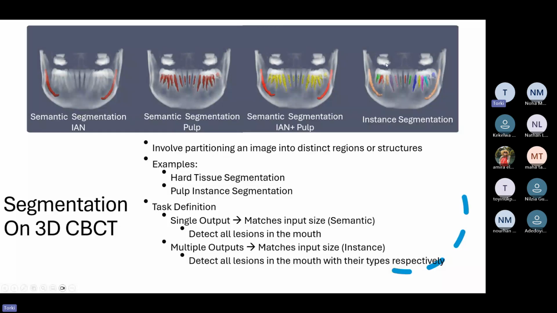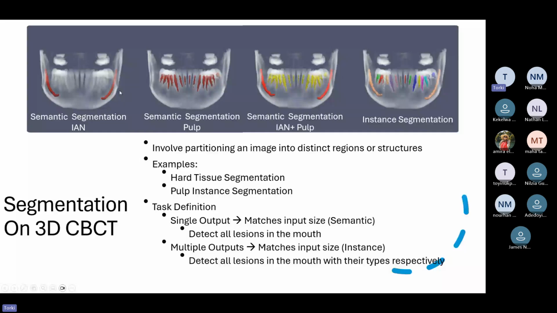So what is the best configuration for your problem? You have to decide which modality you are going to use. Here we decided you would like to work on 3D CBCTs, and you would like to know the anatomical structures inside this as a 3D volume. Here on the left, we are just looking for the nerve. In the left middle, we are just looking for the bulb. In the right middle, we are looking for the bulb and for the nerve.